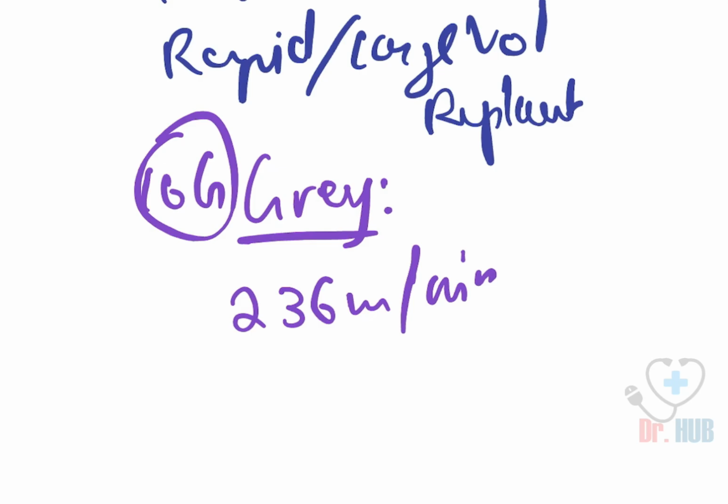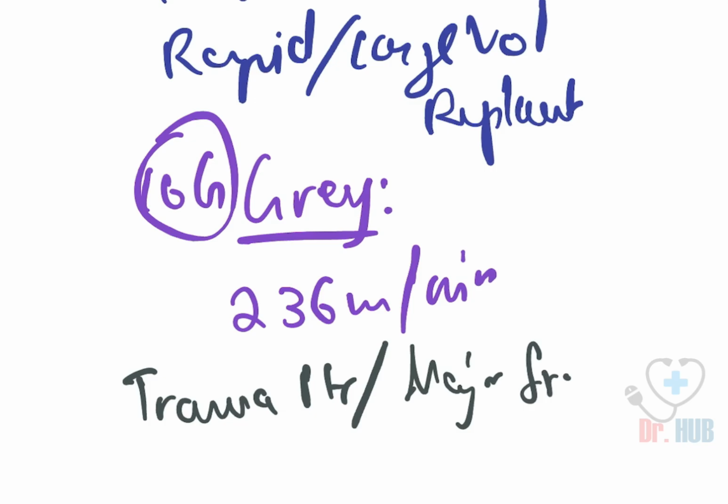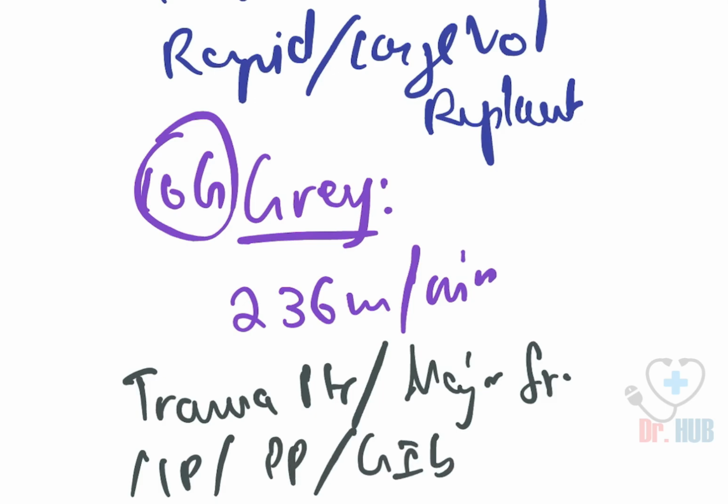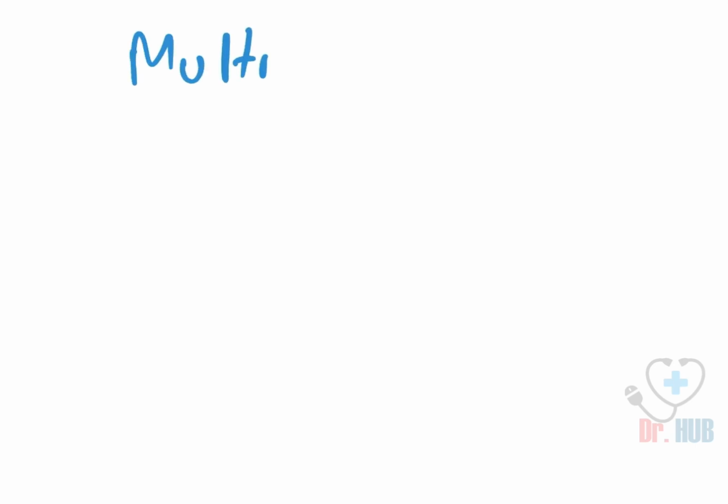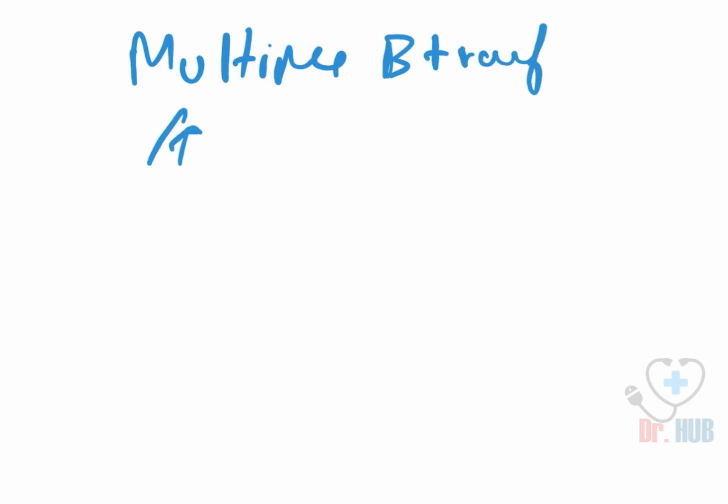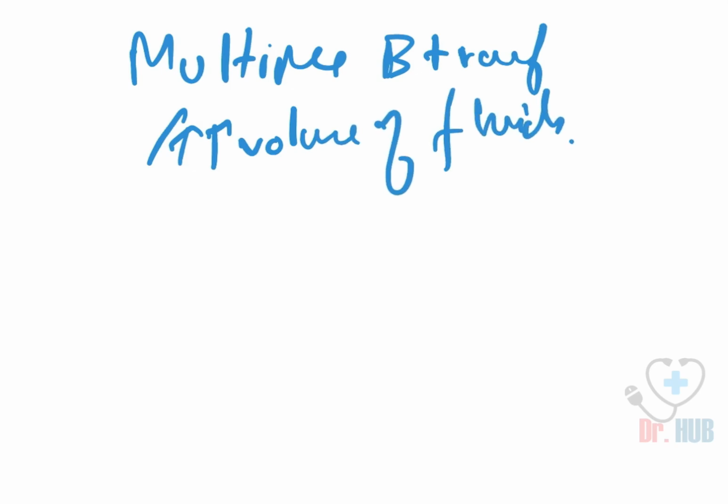Gray is used in case of trauma patients, major surgeries, intrapartum (IP) as well as postpartum (PP) and GI bleeds, and also in case of multiple blood transfers and high volume of fluids.